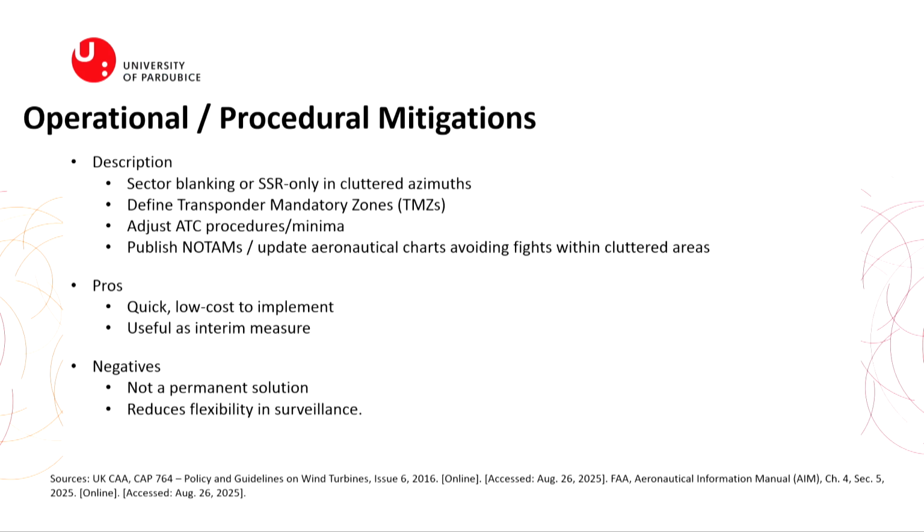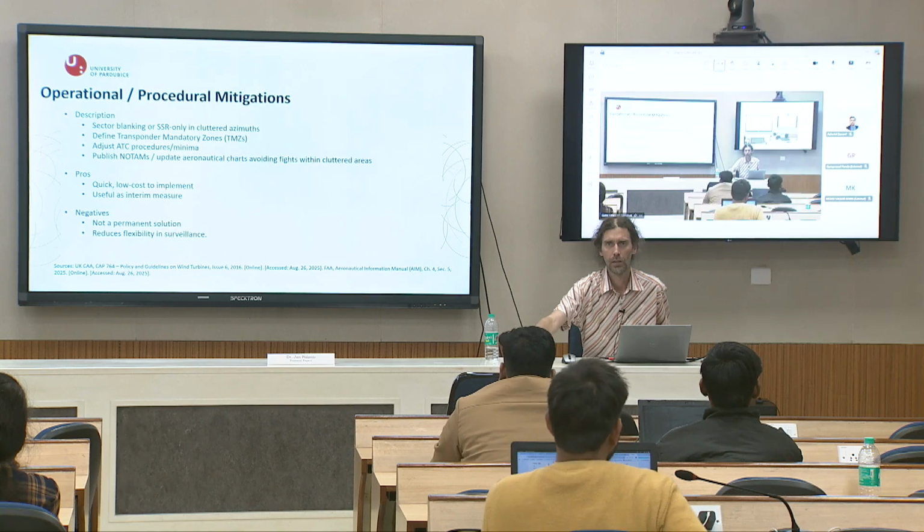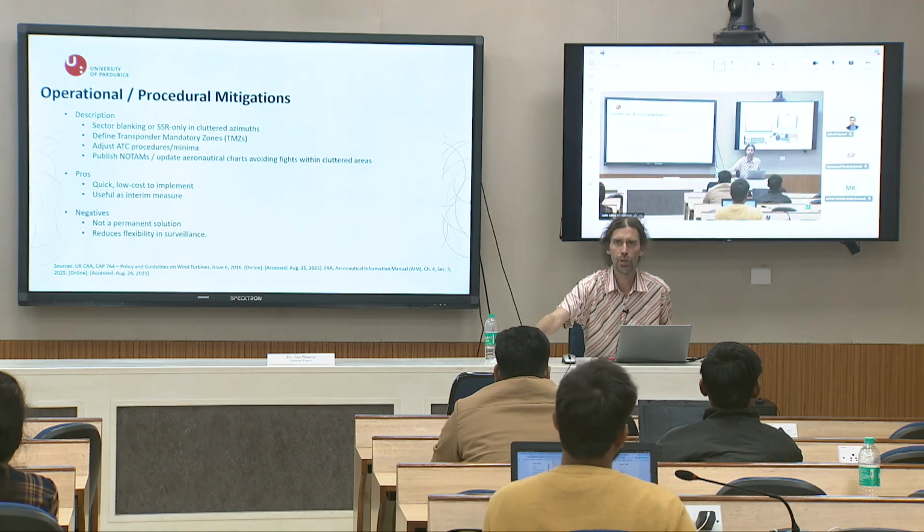Then operational procedural mitigation, sector blanking. Okay, if I have only one wind turbine which affects me in only one resolution cell, what is the easiest solution?